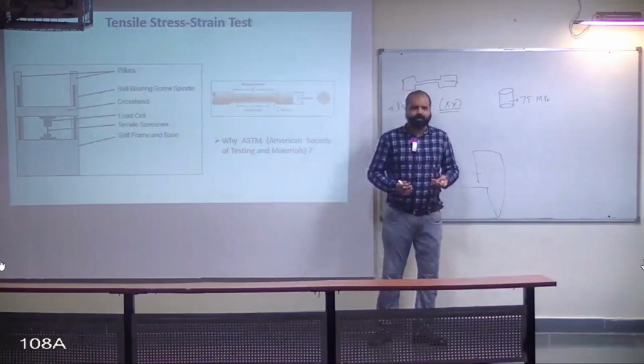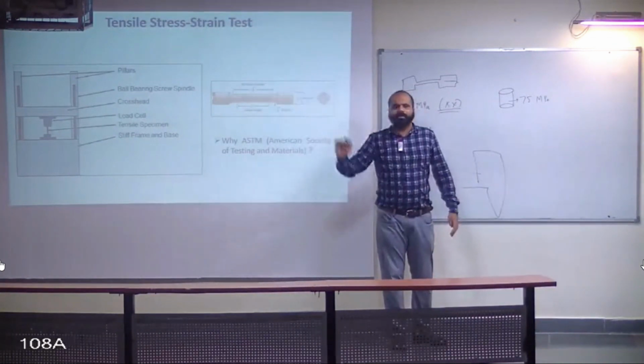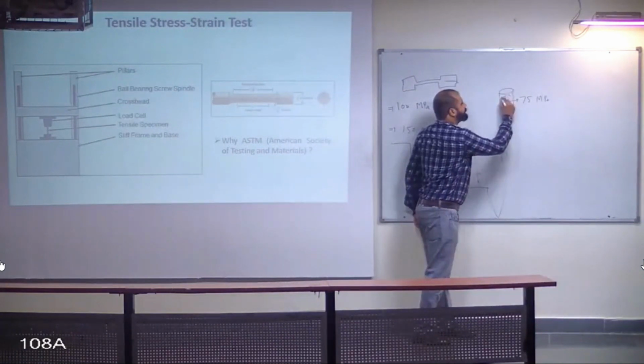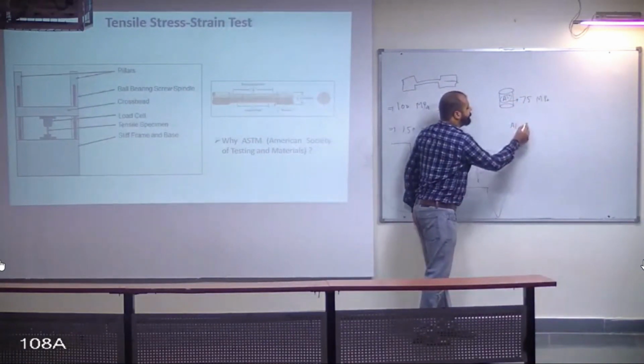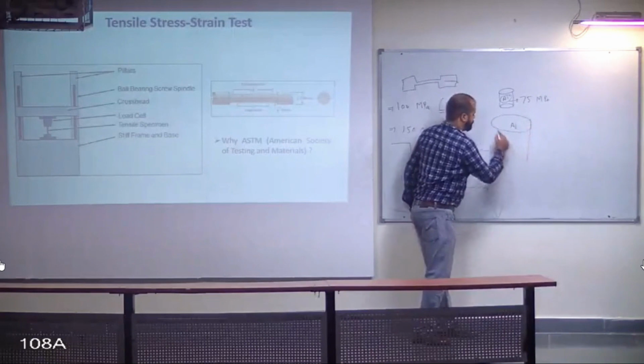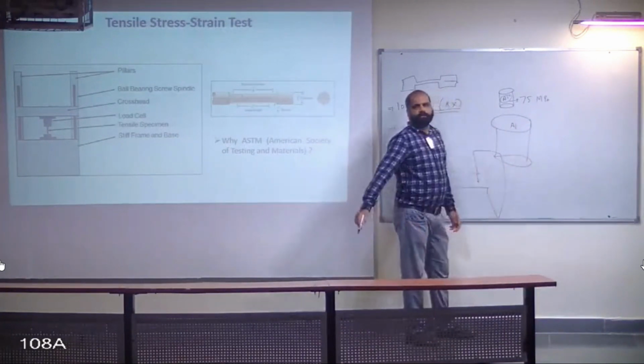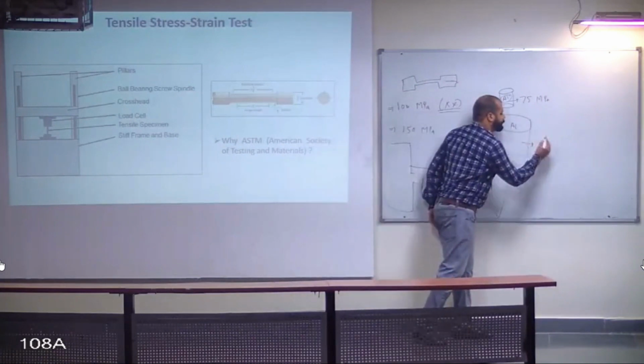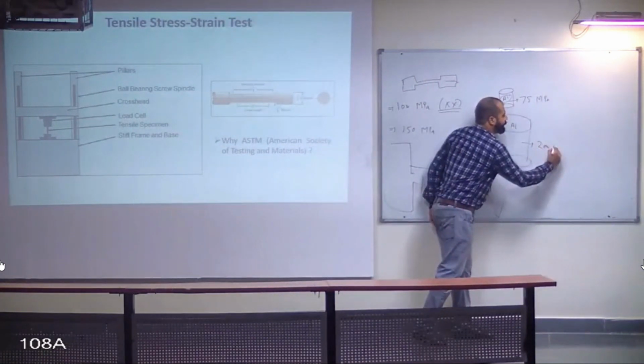No. The person who is in Kolkata, the person who is in Mumbai, he will say, sir, this is aluminium. Sir, I have taken aluminium and this is my sample. Obviously, its strength will be very high. This strength will be somewhat like 200 megapascal.